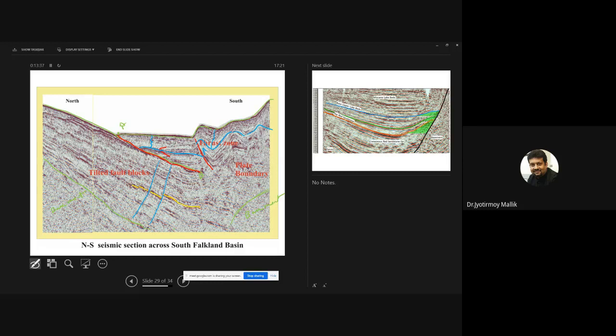Okay, so I can actually keep on drawing here a number of faults, okay, which are of normal origin. They are all normal faults. Beautiful normal faults.